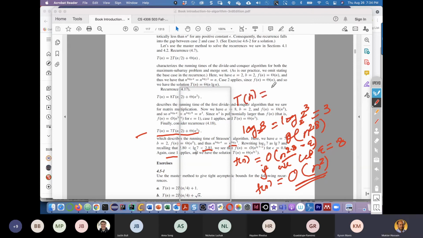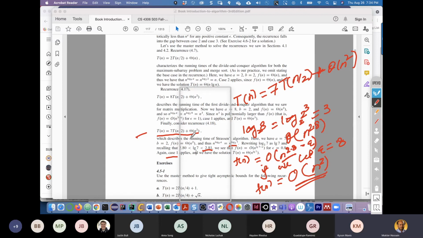This one: T(n) equals 7 times T(n/2) plus theta of n squared. This is our original problem. Which part did you not understand? I think I was just confused on which problem we were doing.